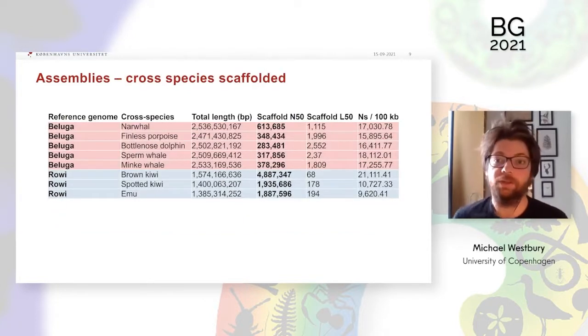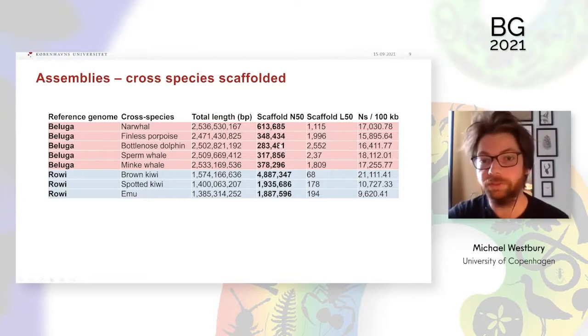The cross-species scaffolded assemblies, on the other hand, were very fragmented relative to the published assemblies, especially for the cetacean, where we're around 300 kb up to 600 with the closest relative, and then a lot of missing data was also included. And the kiwi was also very similar to the published assemblies.